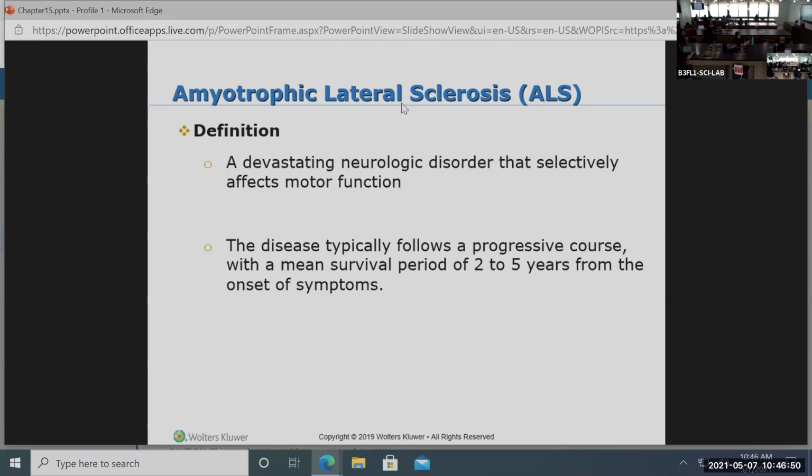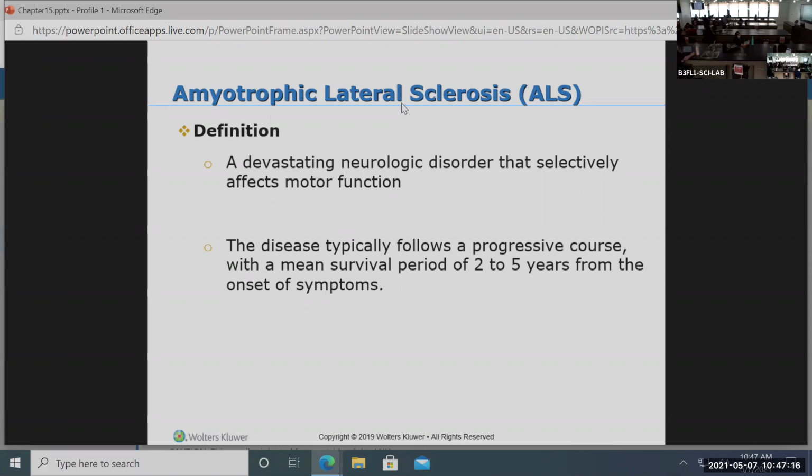Amyotrophic lateral sclerosis, I mentioned earlier, is the baseball player, remember? It's a devastating neurologic disorder that selectively affects my motor function. Prognosis is not good.